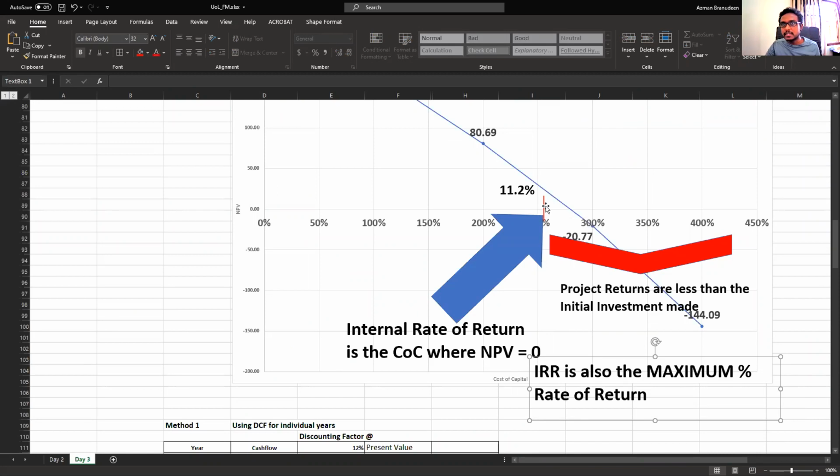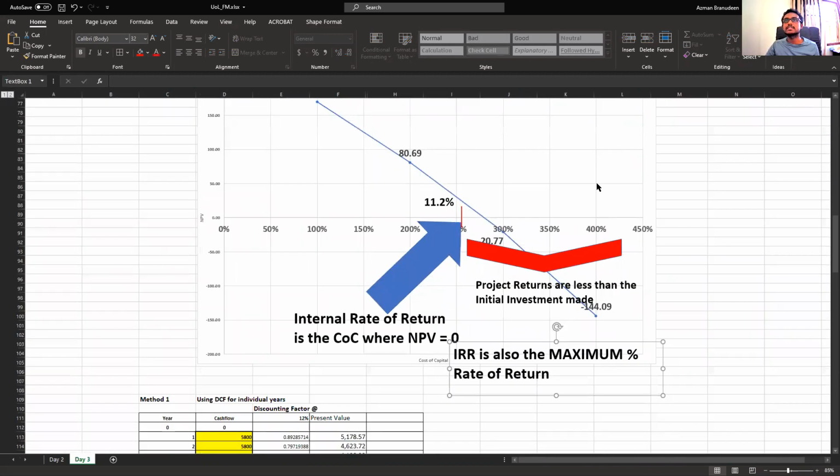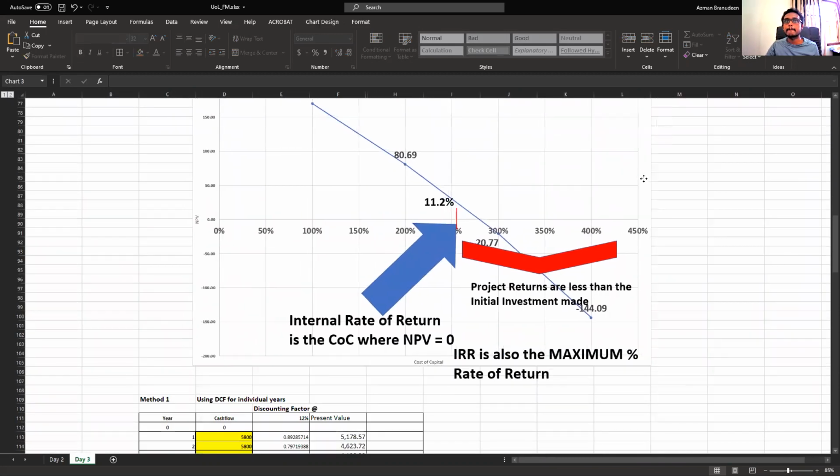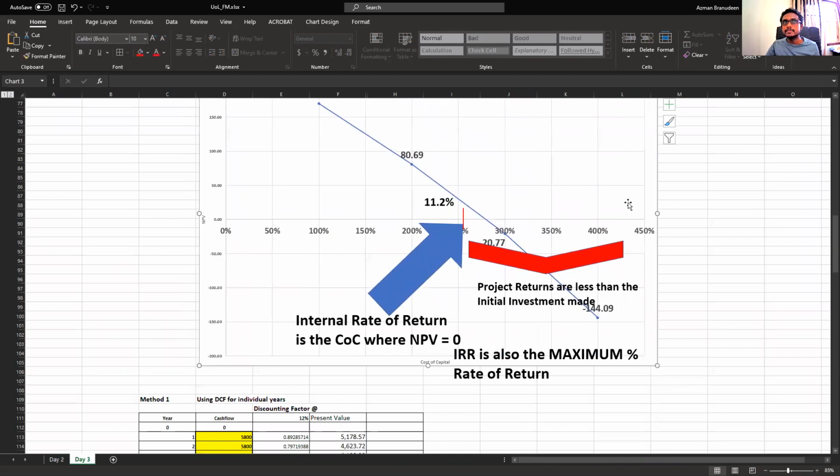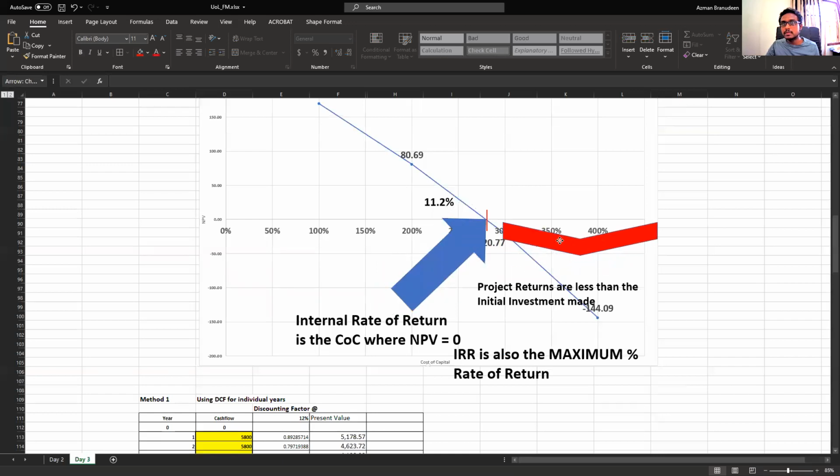Because the moment the cost of capital goes more than the relevant number, whatever IRR is, the NPV becomes negative. Okay, anyway, slight deviation here. There we go.